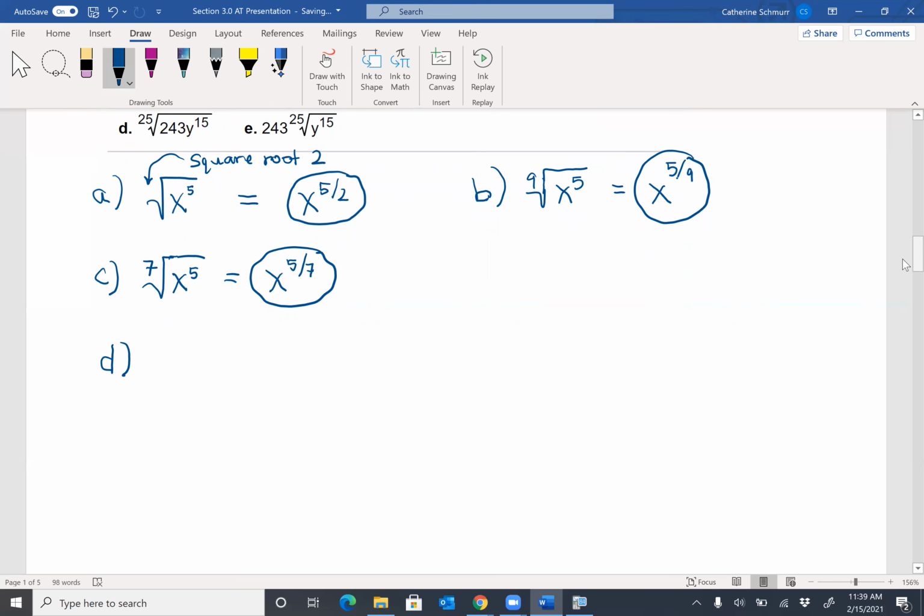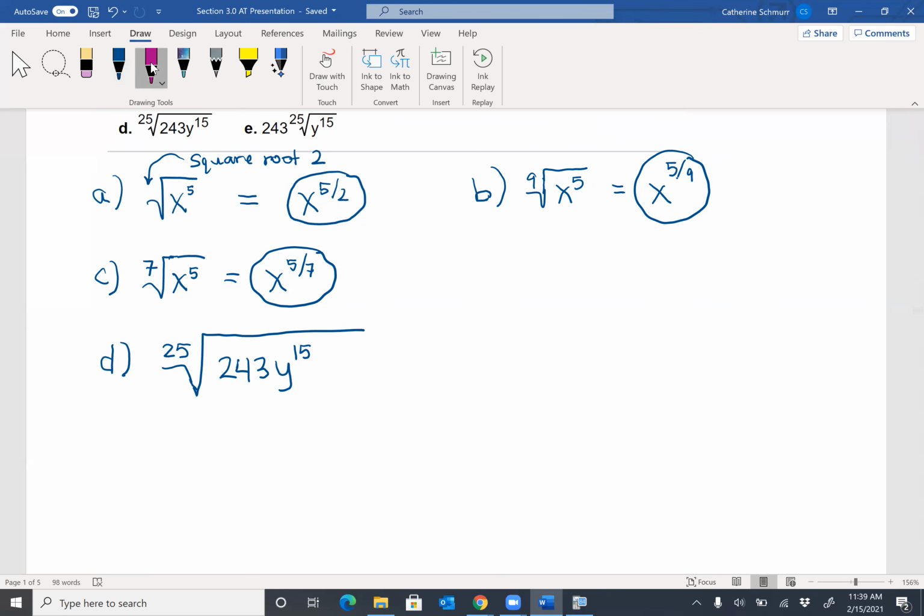So I have here the 25th root of 243 y to the 15th. Okay, so what I'm going to do first is figure out how to break down 243 as an exponent.